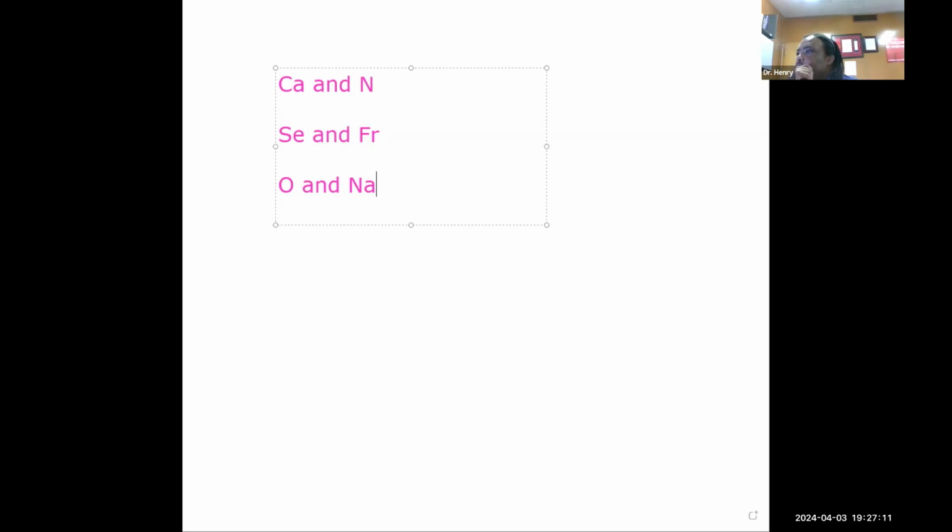Let's see, we want to break you guys up. If you go to the top of the page, it'll say Dr. Henry is sharing your screen, with a green thing at the very top.